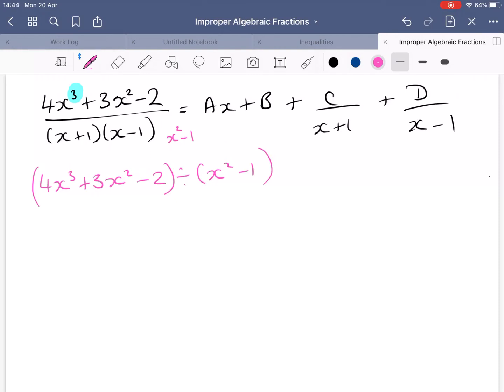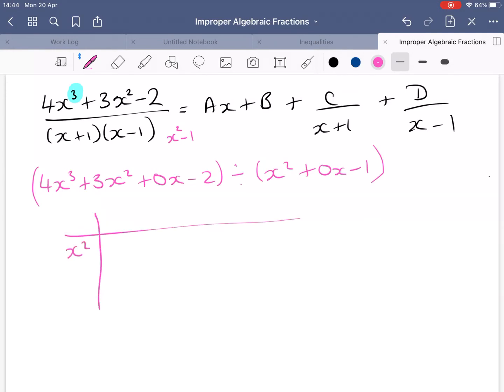But it's always a really good idea when you're doing polynomial division to write it as 4x cubed plus 3x squared plus no x's minus 2, divided by x squared plus no x's minus 1, and actually write every term in. Because then when you do your division, you're not accidentally going to do anything and everything lays out in the correct diagonals. If you don't, this doesn't work.